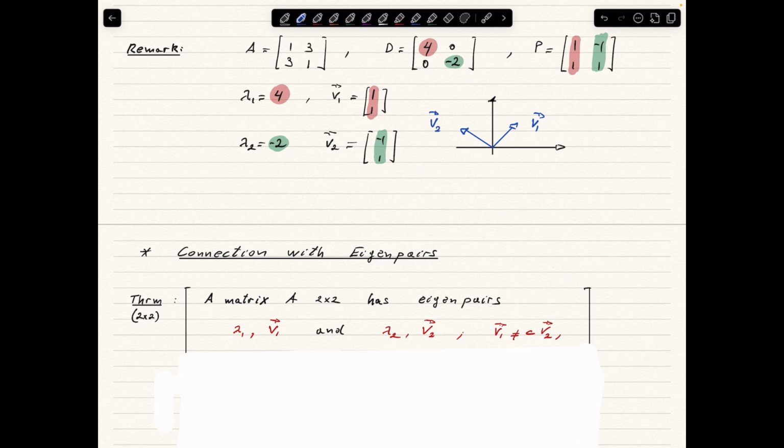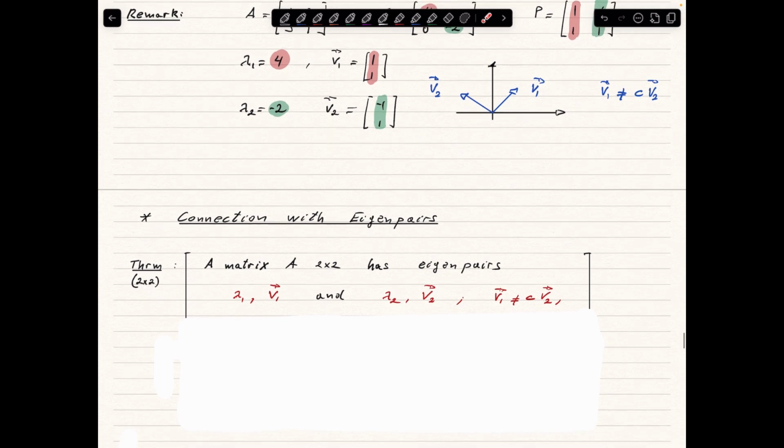So obviously v1 is not proportional to v2. To be proportional means that the two eigenvectors are on the same line, and they are clearly not on the same line, so we satisfy this assumption. Well, if we have that, then this is equivalent.